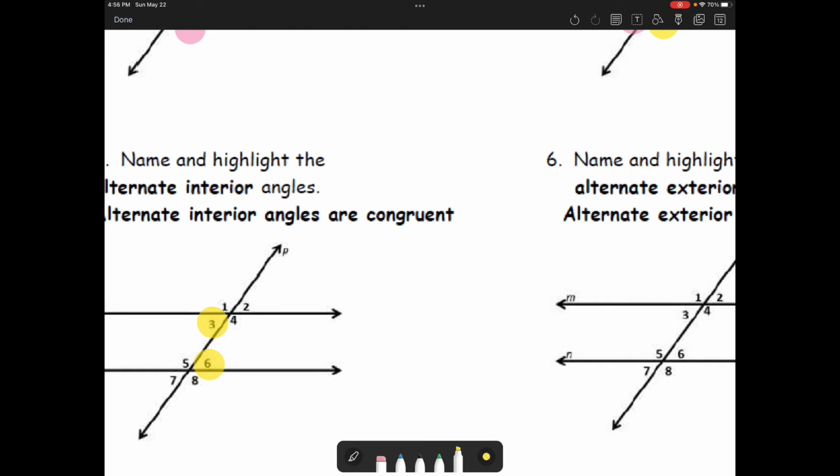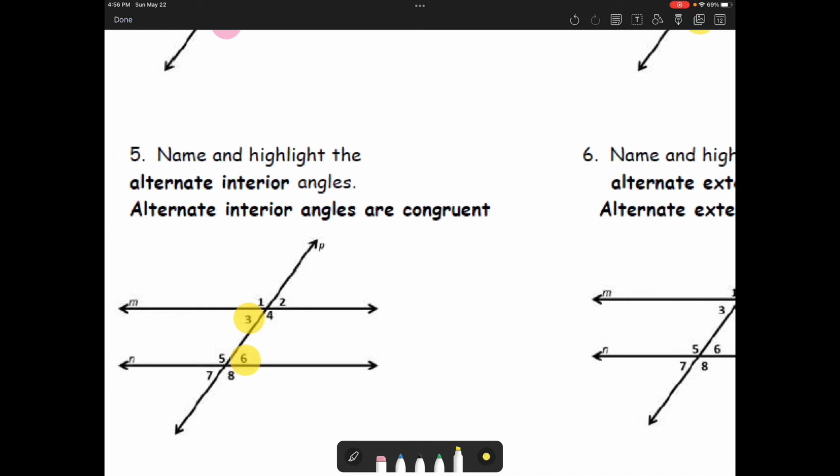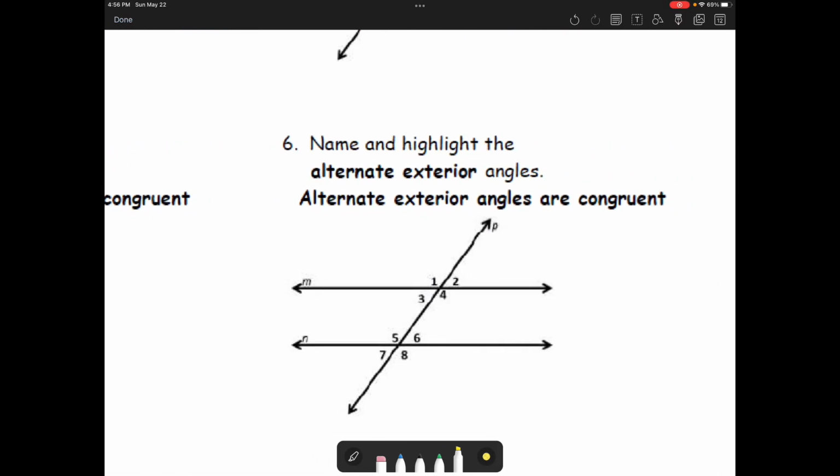We could also say the same thing about 4 and 5 would be interior angles. Alternate, and so 3 and 6 are congruent. Yes, 3 and 6 are congruent.